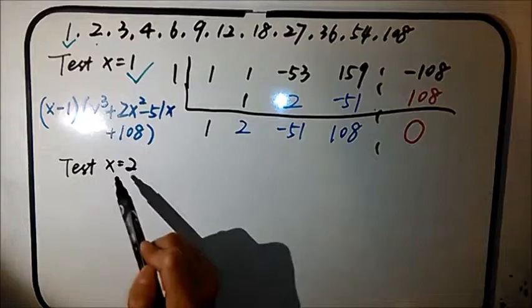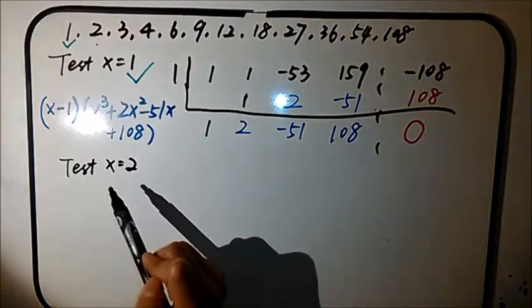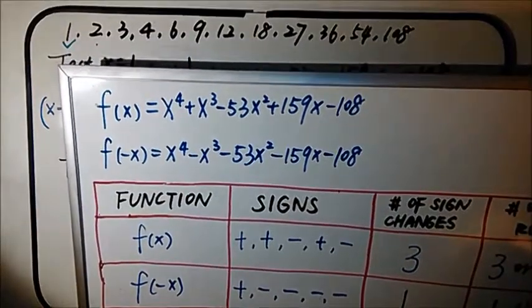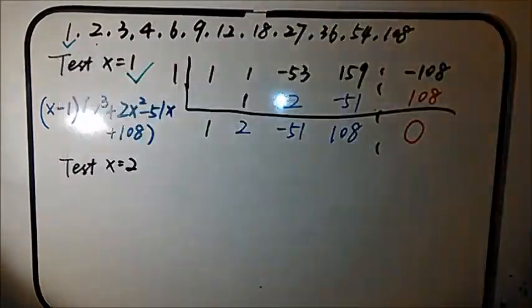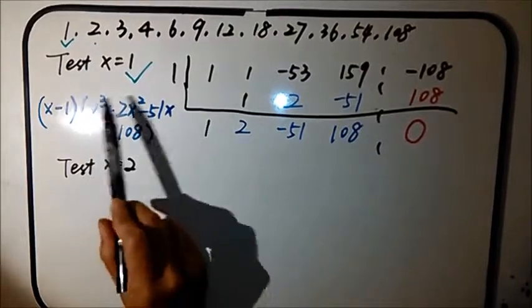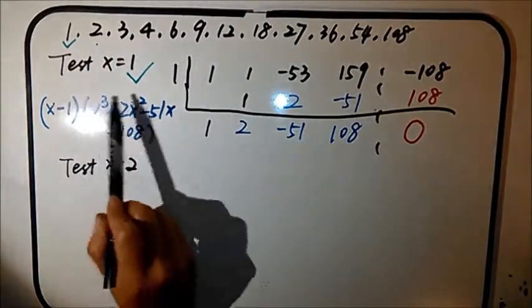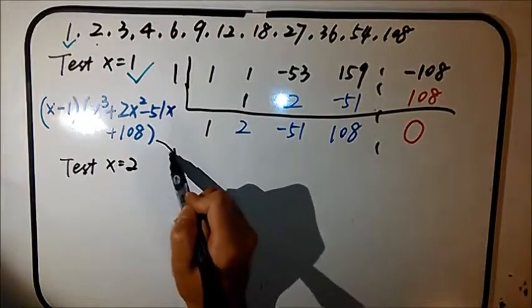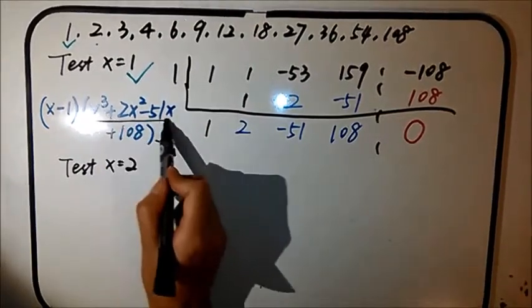Okay. This time we're not going to put in the original function x to the 4th power. We're going to test for this function here using our shortcut, x cubed plus 2x squared minus 51x plus 108.